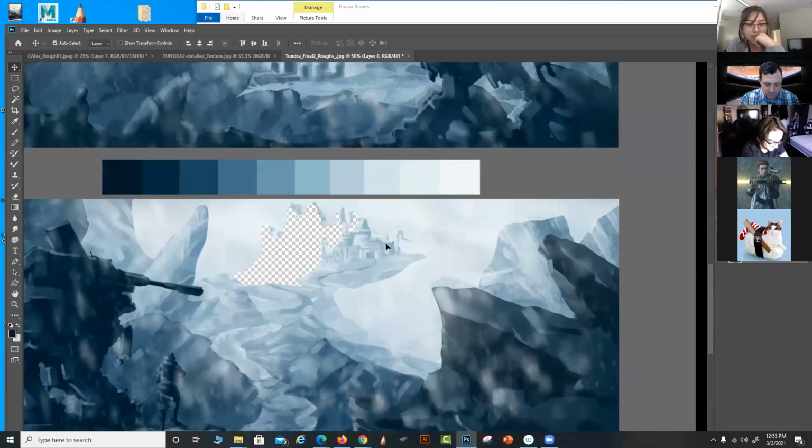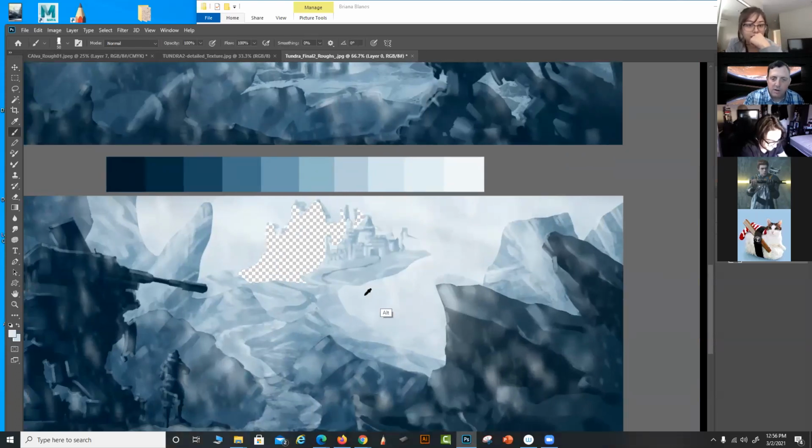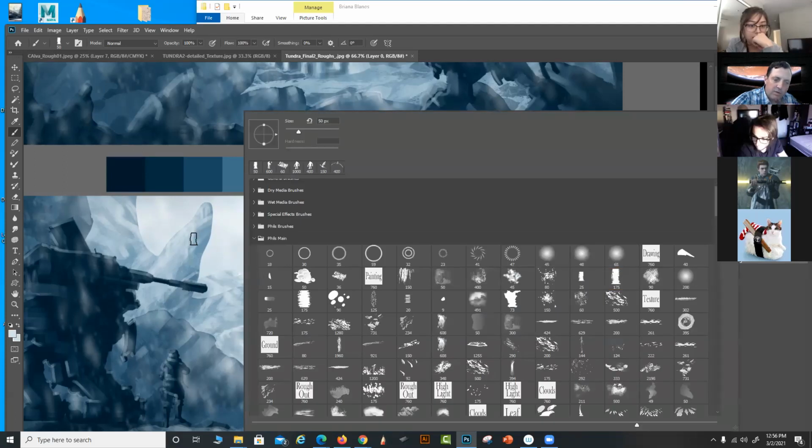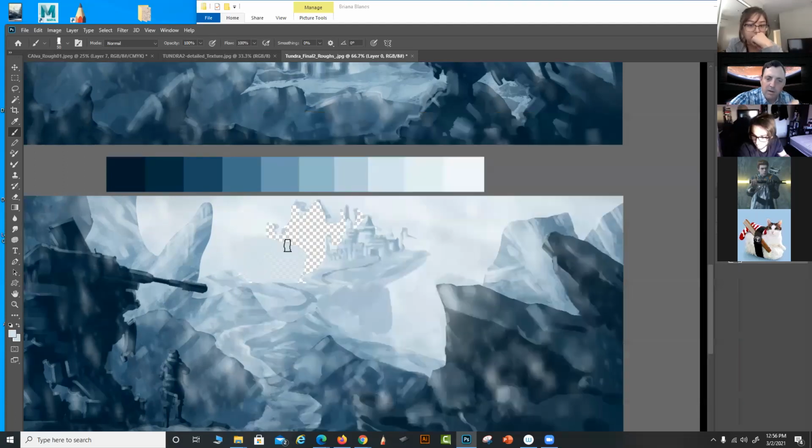And what you could do, let me go to brush here, you could just sort of paint this feel of that little cliff in there. And then you just get some of your surrounding sky back in there like this. What do you think?